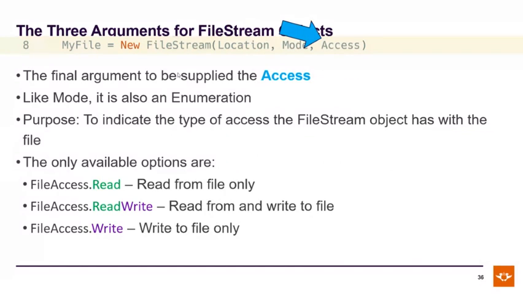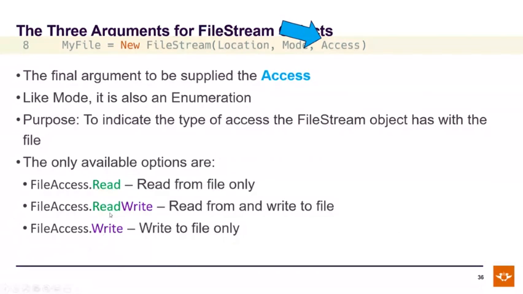Then you've got the access. The final argument to be supplied is the access. So like mode, it is also an enumeration, and it's also something that has a representation for us.